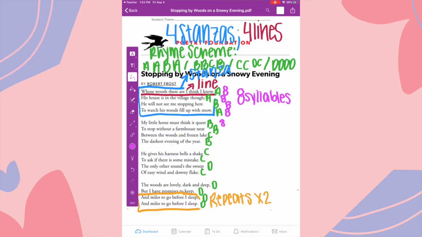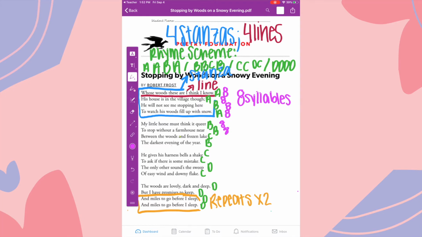"To stop without a farmhouse near." 8. Now try clapping this along with me. If you want to, you can pause this video and try and go through the rest of it yourself, and then you can check up with it once you're done. "Between the woods and frozen lake." 8 syllables. "The darkest evening of the year." 8.